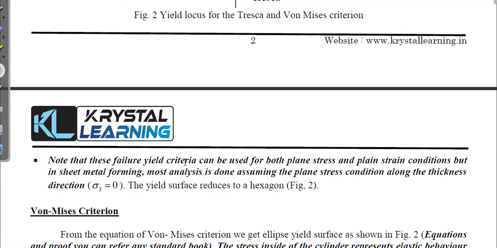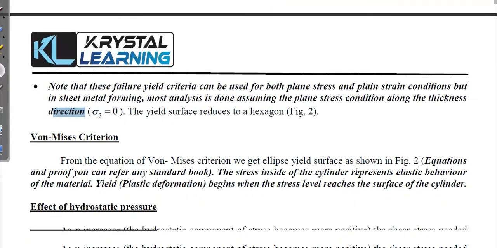Notice that the yield failure criteria, another most important point, can be given for both plane stress and plane strain conditions, okay. But in sheet metal forming, just note down the words sheet metal forming or metal forming, most analysis is done assuming the plane stress condition, because along the thickness direction sigma 3 is assumed to be 0. So plane stress condition in sheet metal forming, okay.